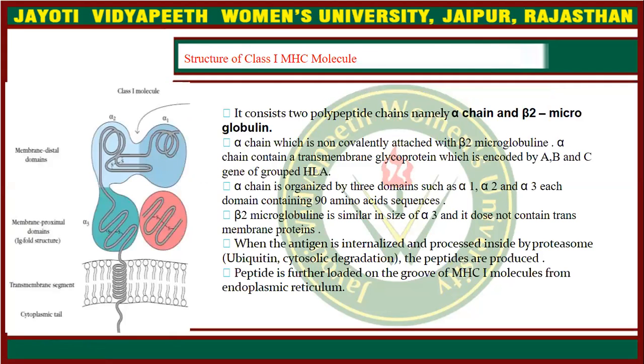In the structure of MHC number 1, there are two polypeptide chains, the alpha chain and beta 2 microglobulin, and there are four domains: alpha 1, alpha 2, alpha 3 and beta 2 microglobulin.